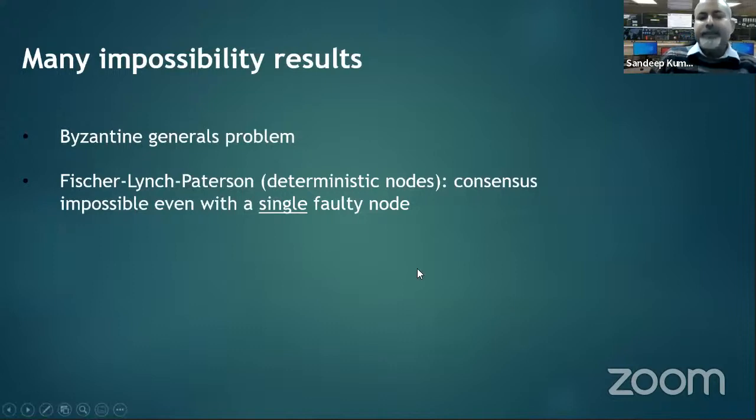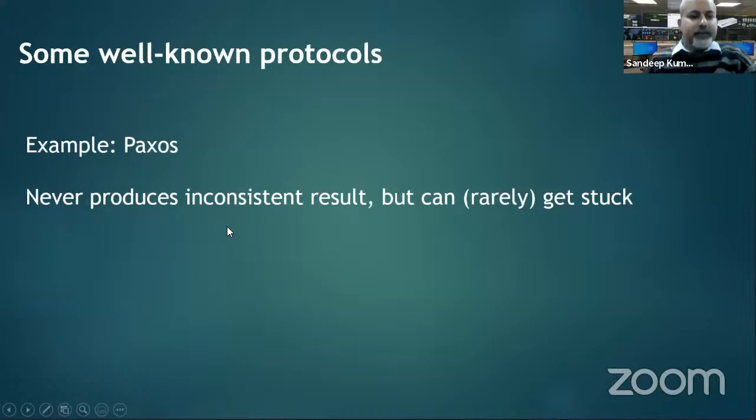So Fischer, Lynch, and Paterson, I was talking about this, they said that if the nodes are behaving deterministically, then consensus is impossible even with a single faulty node.